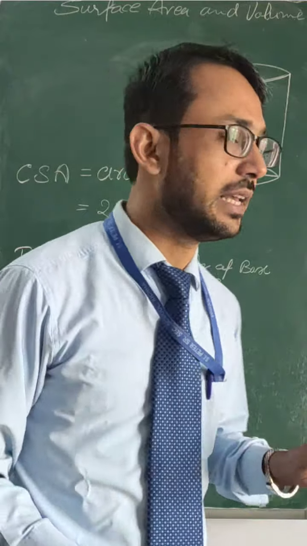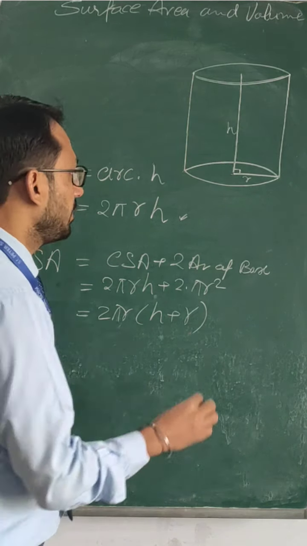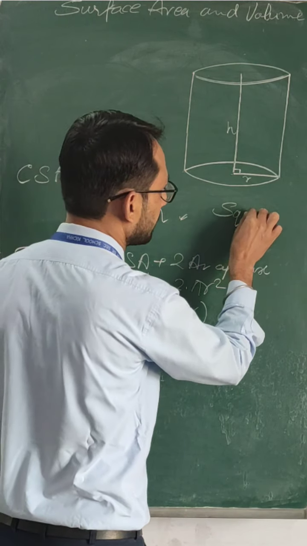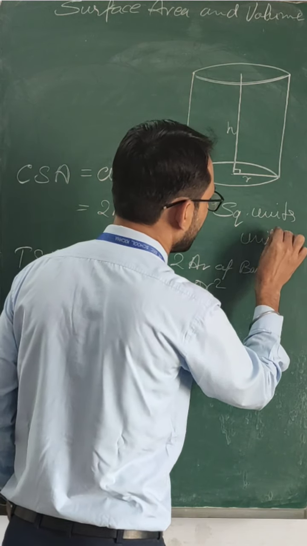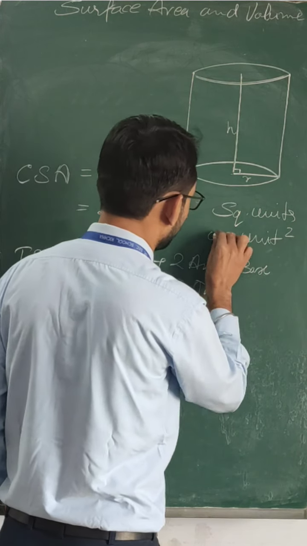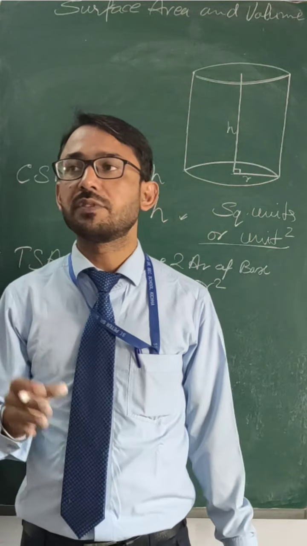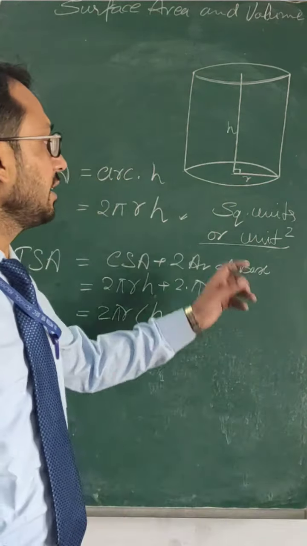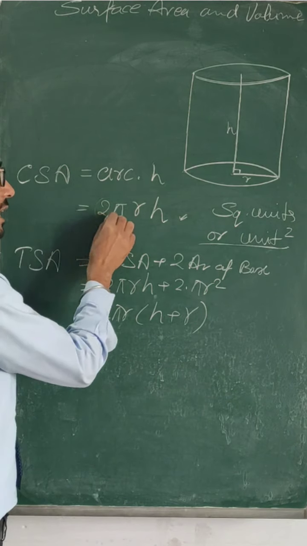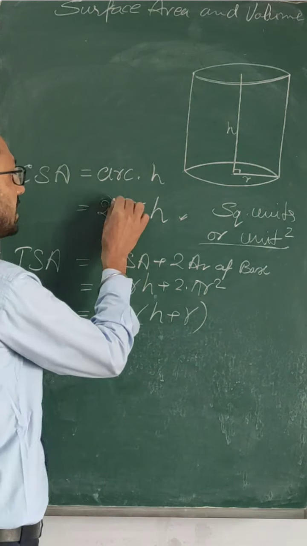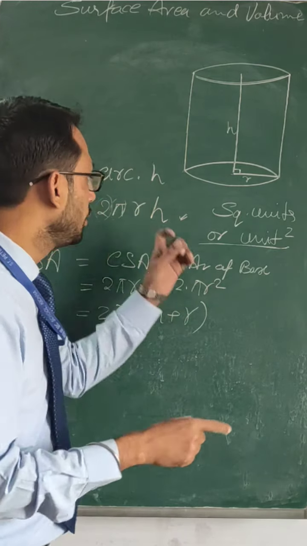As I have told you already, the unit of area will be square units, or unit square. Whether it is curved surface area, total surface area or any other area, the unit will be unit square. You can see 2 has no unit, it is a constant term, pi is a constant term, so r and h will have units.